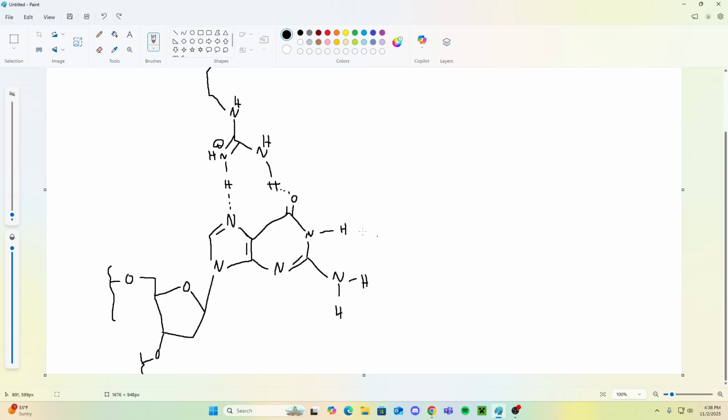So let's draw the interactions here with adenine. Adenine is very similar in that it has the same kind of R groups of the oxygens coming off of here and here. Let's do that and that. There.